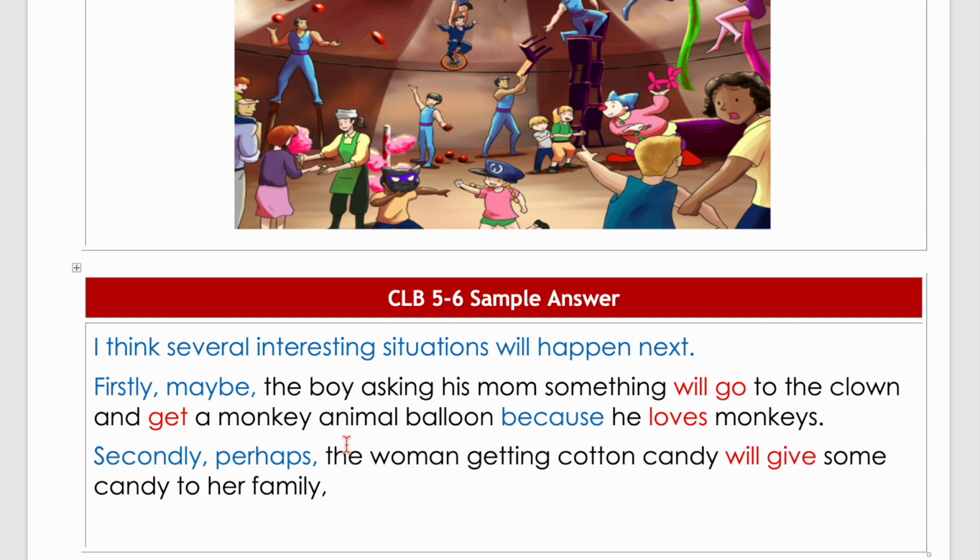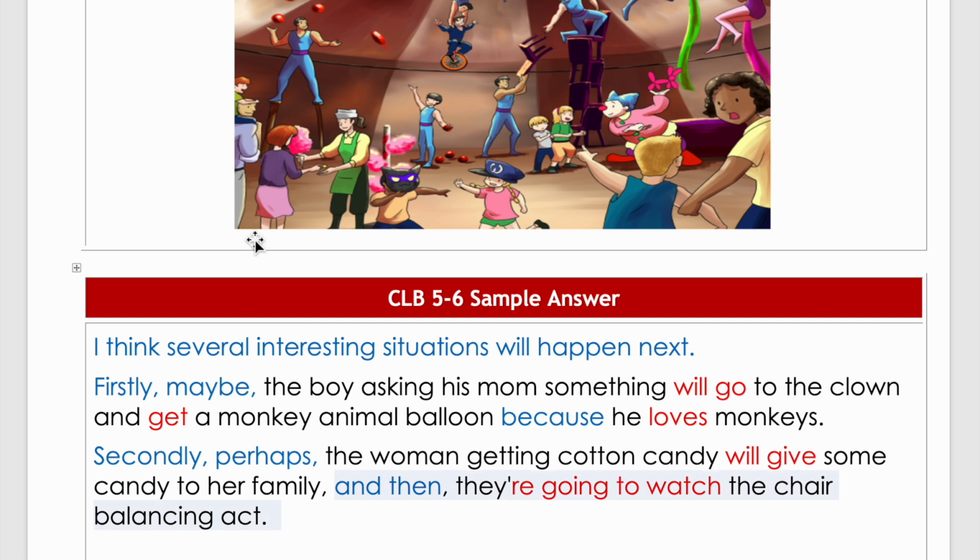Okay, and this sentence seems kind of short. Even though that's good for level 5, let's add an extension. And then, or next, or after that, they're going to watch the chair balancing act. Okay.